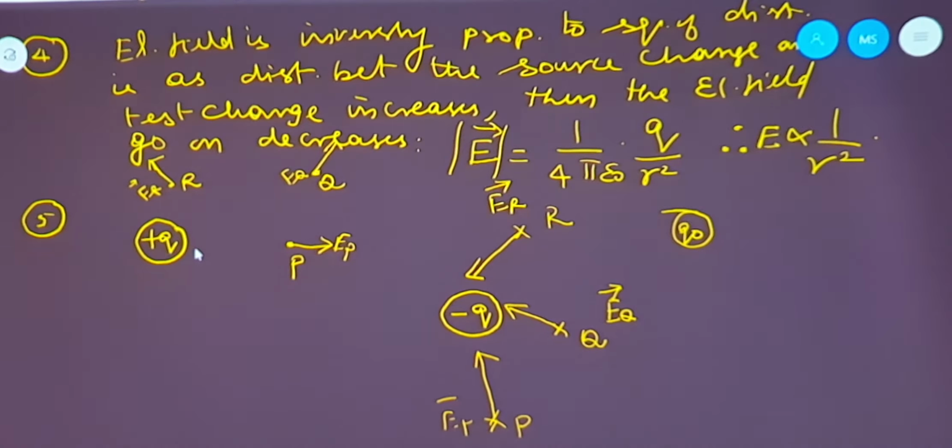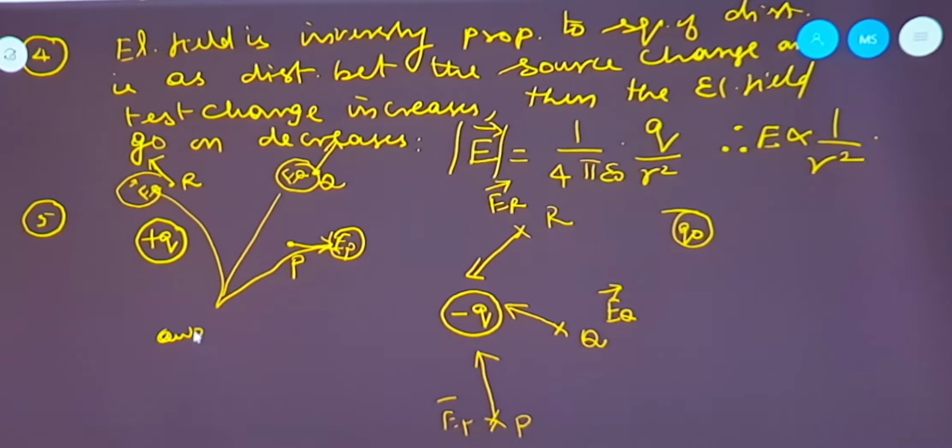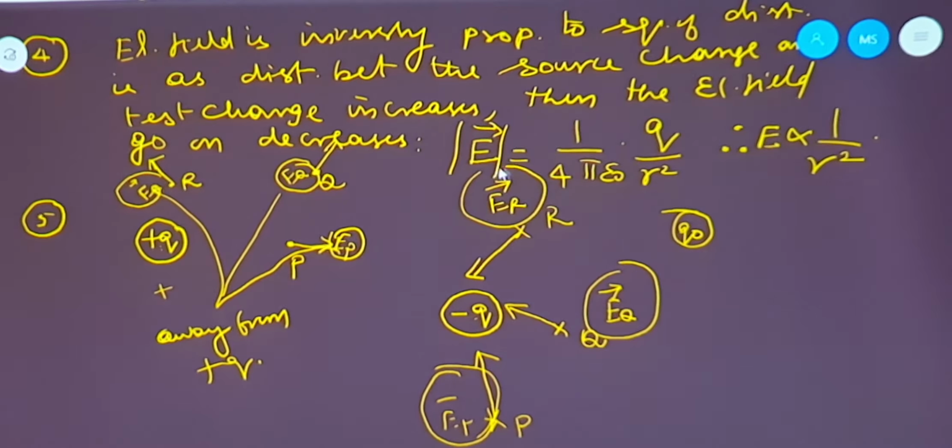If it is a positive charge, then the directions of EP, EQ and ER all act away from the parental charge plus Q. Since the charge is positive, if you are considering this as a negative charge, then this EP, EQ or ER will be acting in what direction?